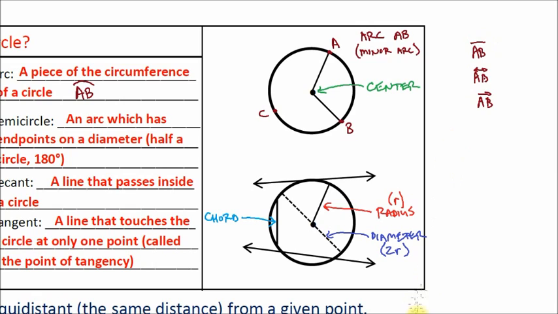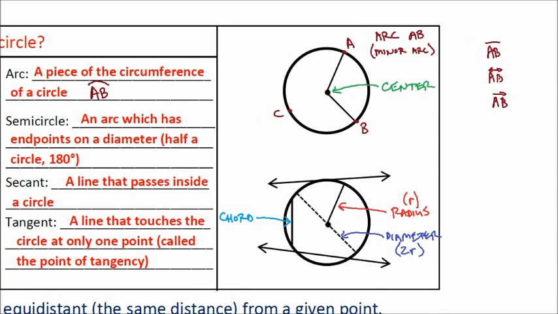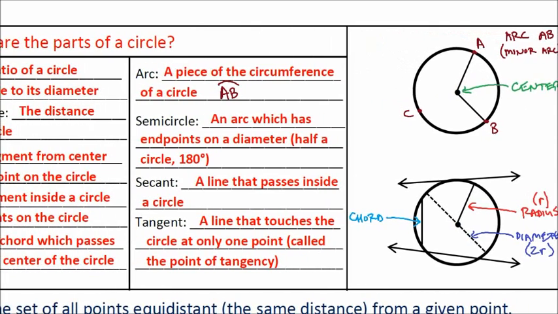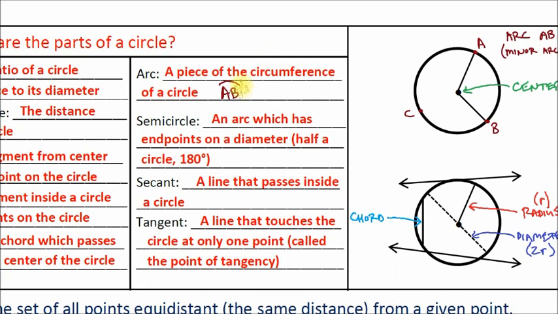Those are all math symbols to describe a geometric shape or geometric part. So an arc is represented with a little curved line that looks kind of like a small arc, and that's above the letters. So this actually would be read as arc AB.